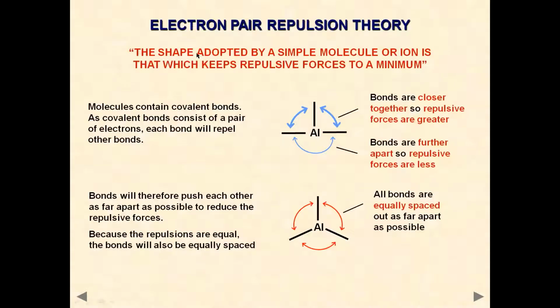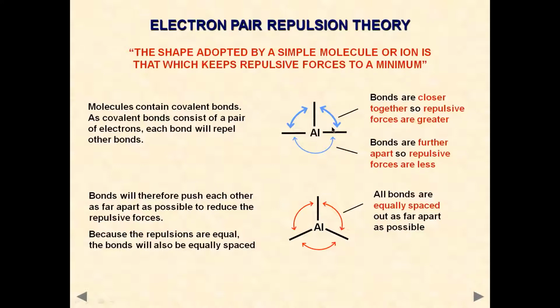Right, so we have to talk about electron pair repulsion theory, and that's really important for the exam. The whole of the topic is based upon this theory. That theory says that the shape adopted by a simple molecule or ion is that which keeps repulsive forces to the minimum.